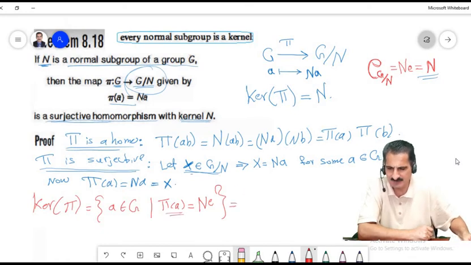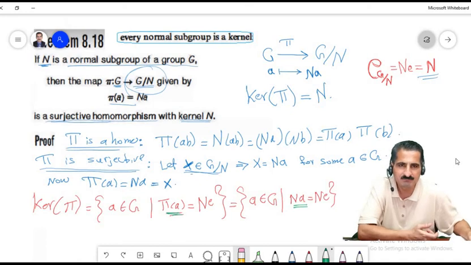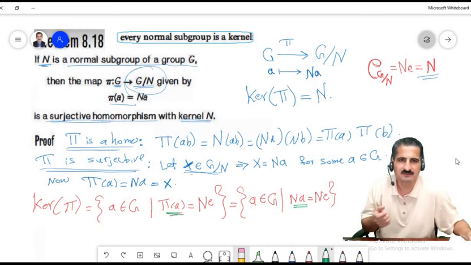I want to pick elements from G such that aN equals eN. Well, aN and eN are the same coset, which means a and e are congruent modulo N.